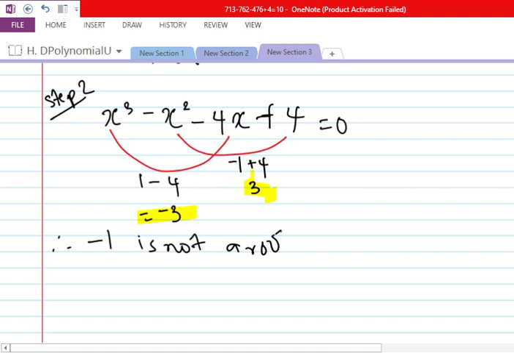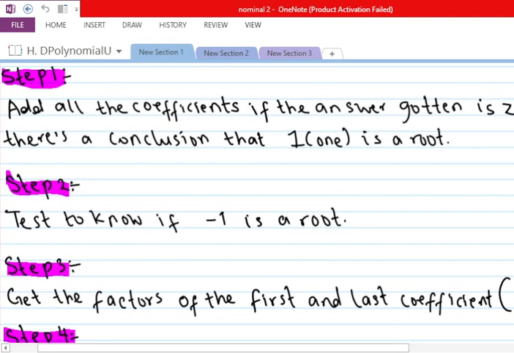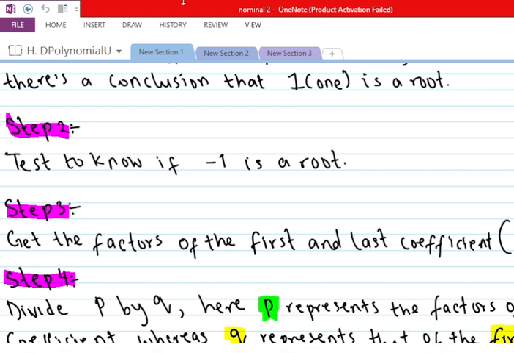In this kind of equation that is raised to power 3, we have to find 3 roots. So since we've gotten 1, that's number 1 as our root. Let's get the rest. So what's the next step? After finding minus 1, the next step is to get all the factors of the first and the last coefficients.